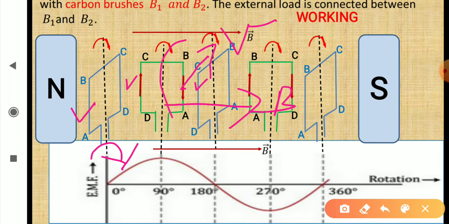In this situation, B, L, V, all three are mutually perpendicular, so induced EMF is maximum. Similarly, in this also induced EMF will be maximum.